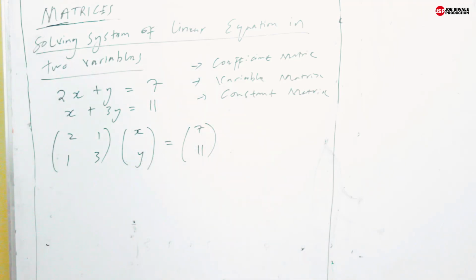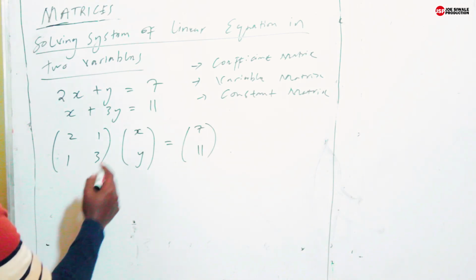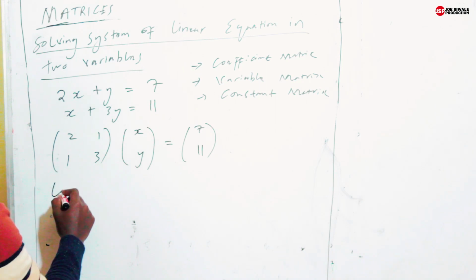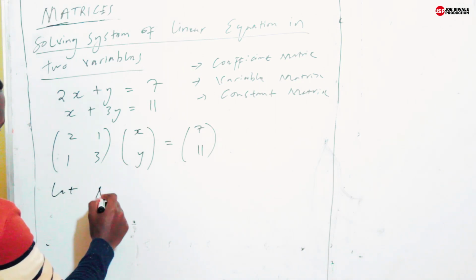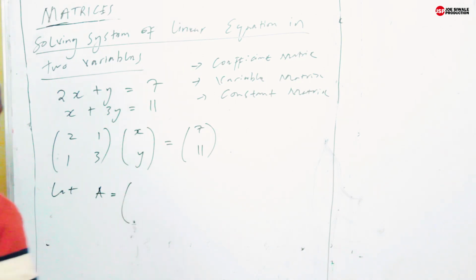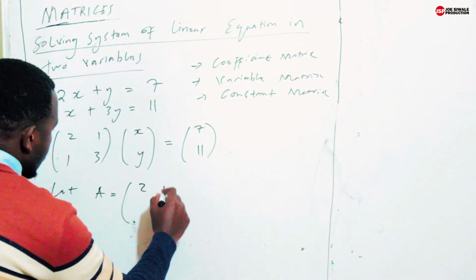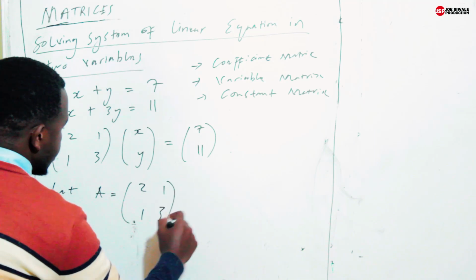And from our matrix equation there, we can say that let A be equal to, so A is going to represent the coefficient matrix, which is 2, 1, 1, 3.